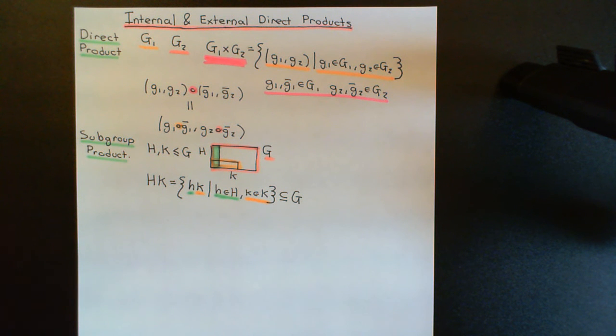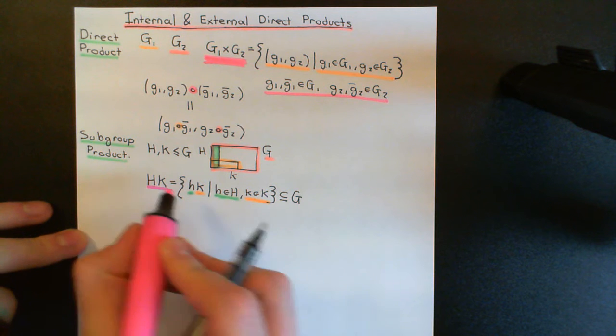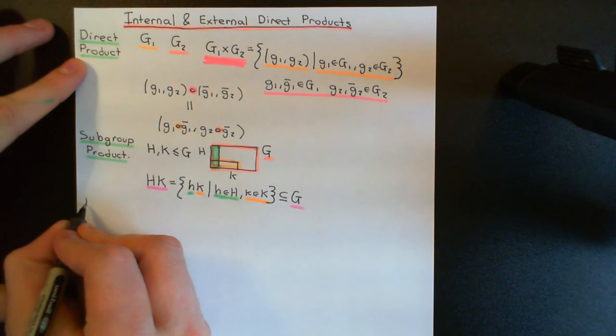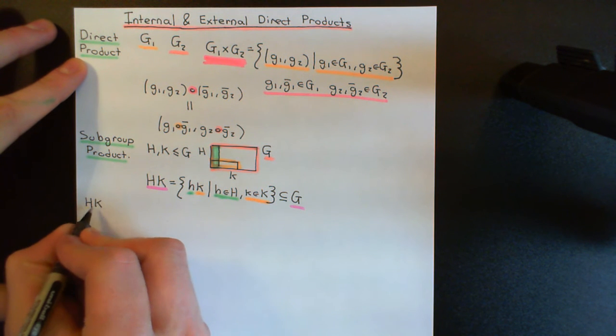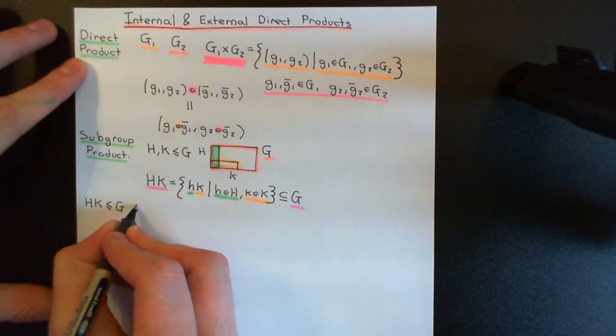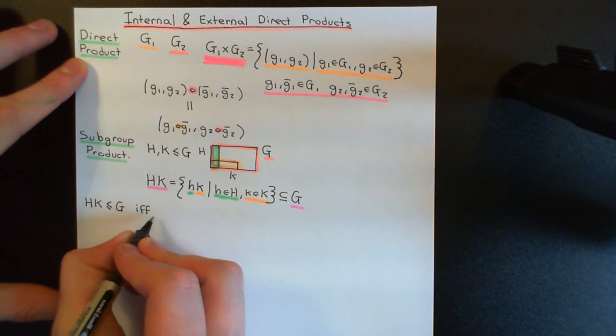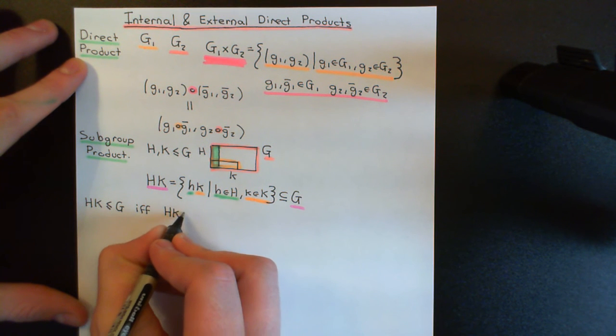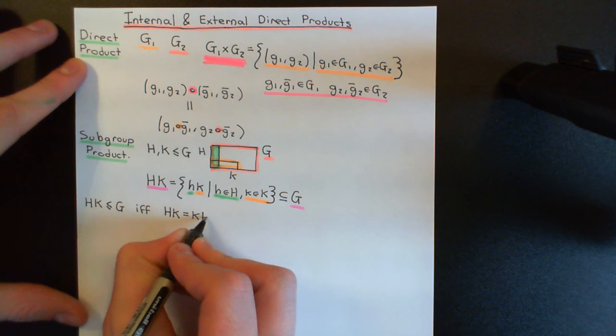Of course, we're interested in a special case where this ends up actually being a subgroup of capital G, where you're producting two subgroups together to get another subgroup of capital G. And what we prove in the video on the product of two subgroups is that the product of the two subgroups H and K will be a subgroup of capital G if and only if the product HK is equal to the product KH.